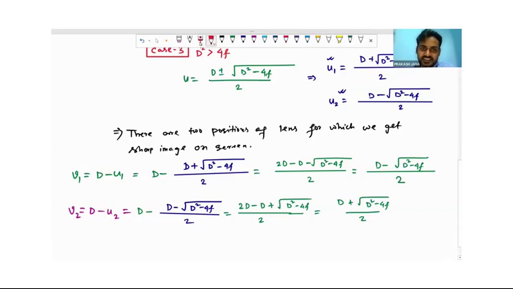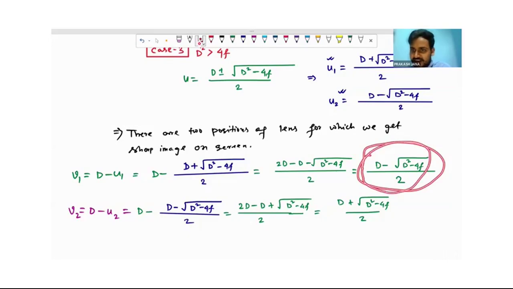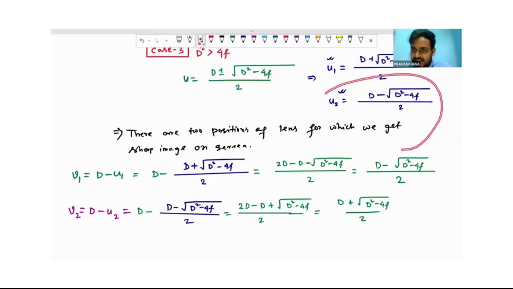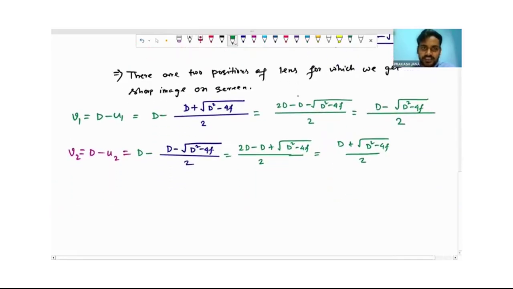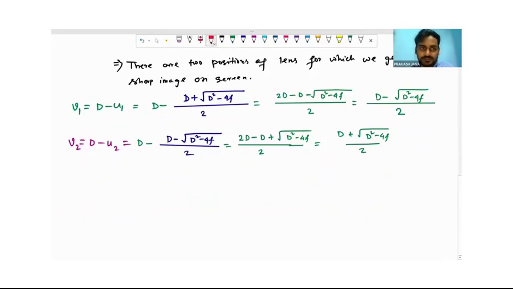Here the interesting thing is, what is this? This is nothing but v1, and it is also nothing but u2. The expression for u2 and v1 is the same. So we will mention here that v1 is equal to u2.